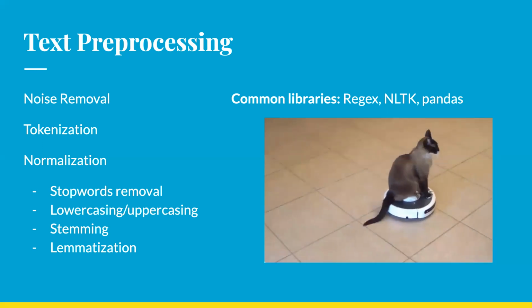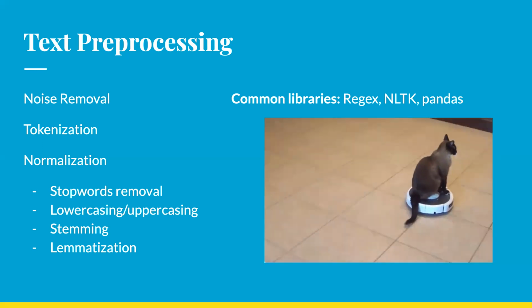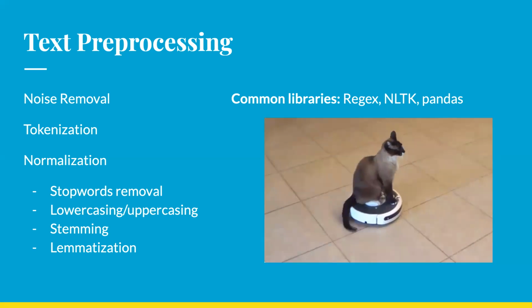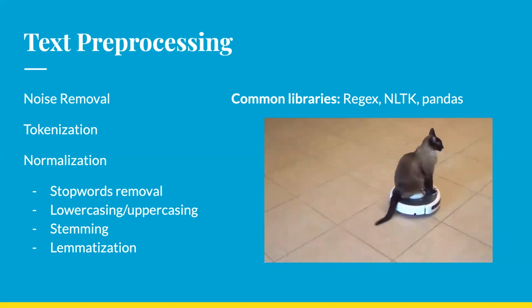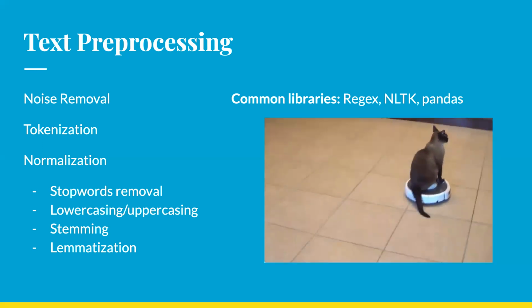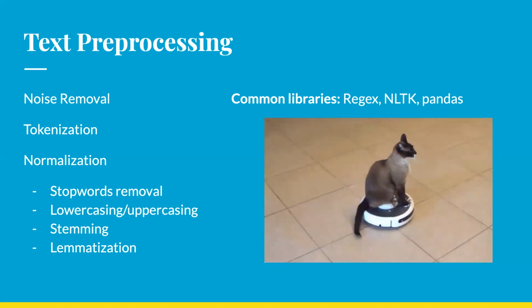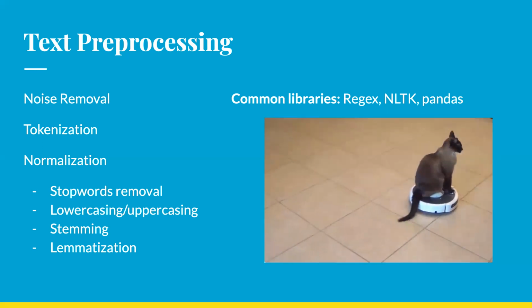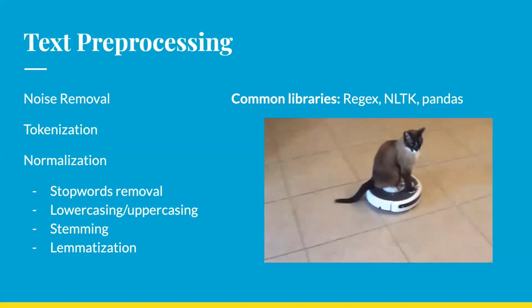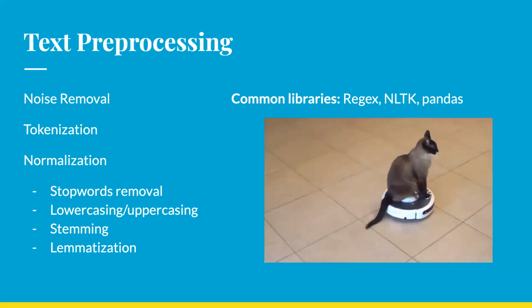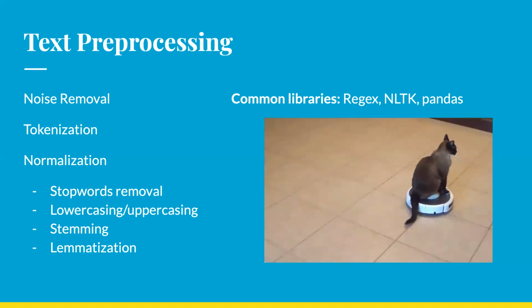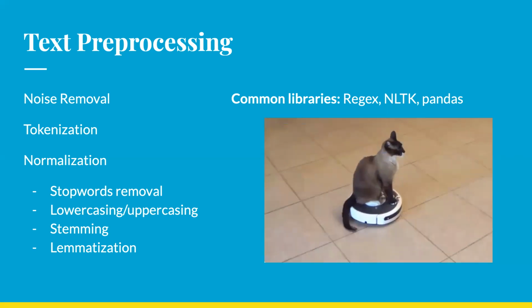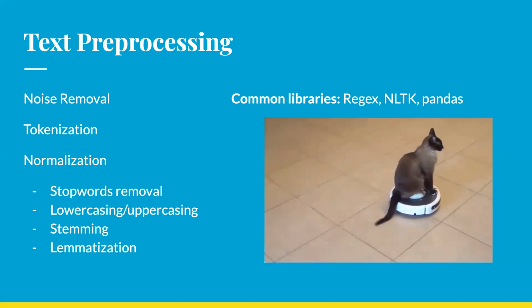Some people will spell it Mariel and it'll have like a heart at the end. Regardless, all of this is part of normalization. If we have it all lowercase, if we have it all uppercase, we want it to be the same. So you want to standardize your text by either making it all uppercase or all lowercase and removing any kind of characters that aren't necessary.